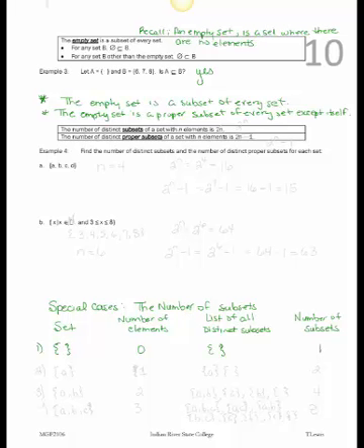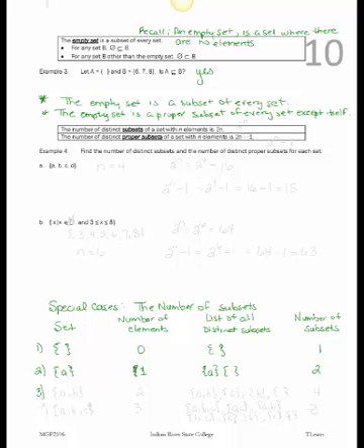Number 2, we have set A. How many elements do we have? We have 1. What are the distinct subsets? Because remember, the empty set is a subset of every set. So we have, of course, set A, and then we have the empty set. So the number of subsets, we have 2.